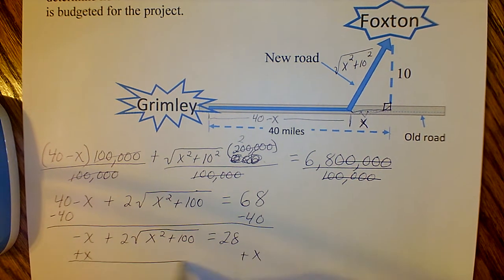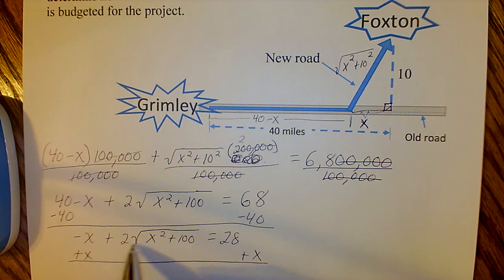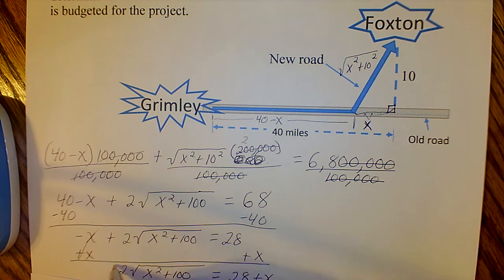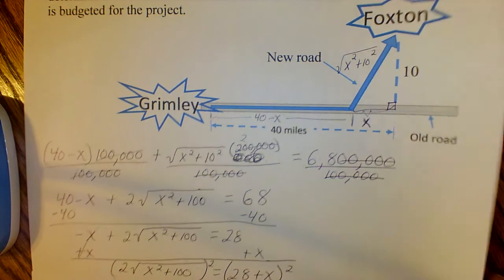So what I'm trying to do at this point is isolate that square root part so that I can square both sides. So this will cancel. That'll leave me 2 square root x squared plus 100 is equal to 28 plus x. Now if I square both sides, I can get rid of my square root, and that will help me out.